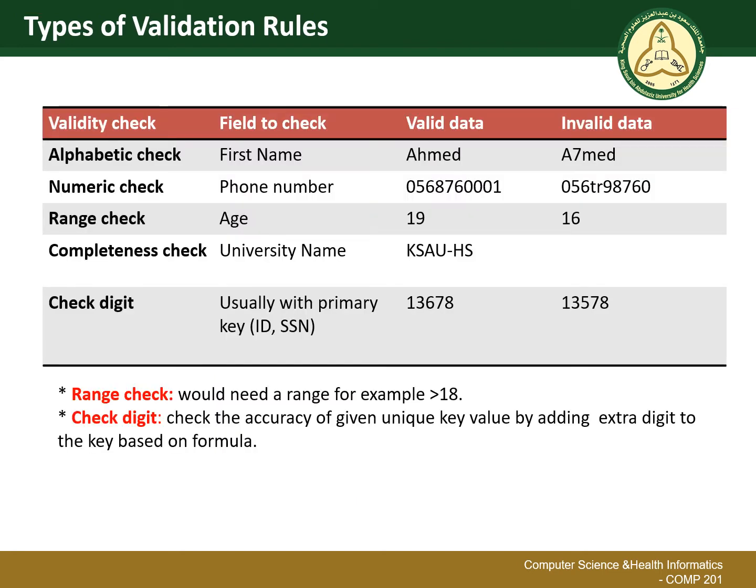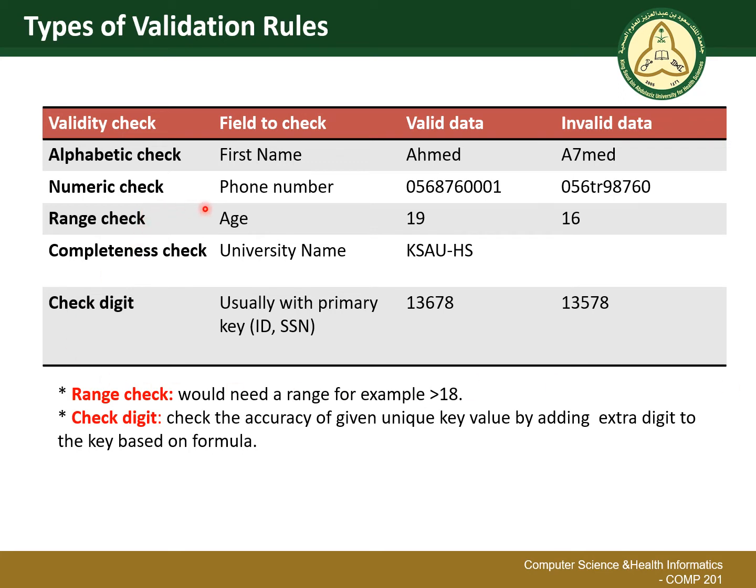So here in this slide, we have examples about the different types of validation rules. We have all the validity checks and the example fields that we will apply them on. And here we have the valid data, the correct data, or the data that will be considered correct, and the invalid data, the wrong data, or the data which will be considered wrong.